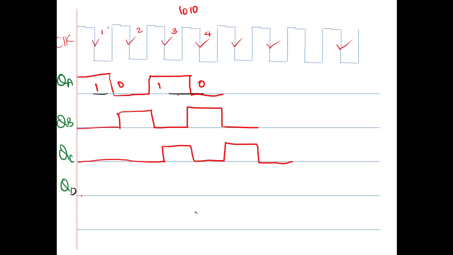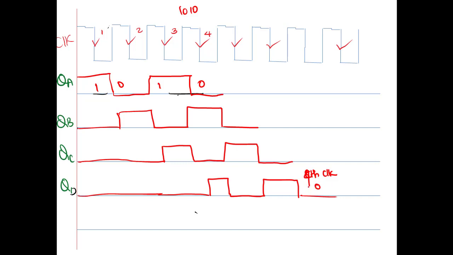In QC, after 3, meaning the fourth clock pulse, you will be getting your 1, 0, 1. I am approximately drawing, and you can synchronize with respect to the clock. And this is how your QD will be. In the 4th clock pulse, you will be getting your 0 in QD.